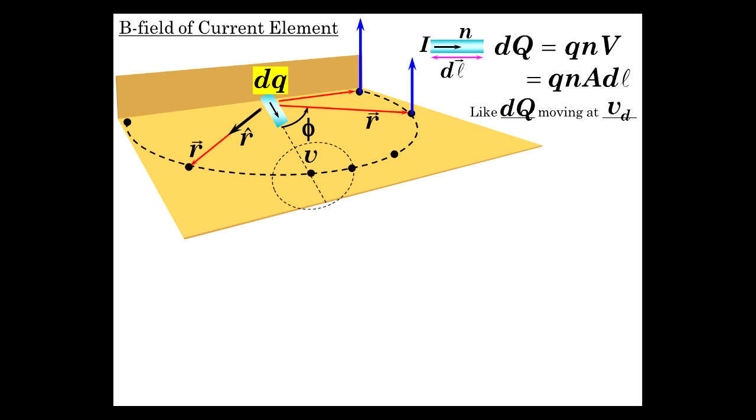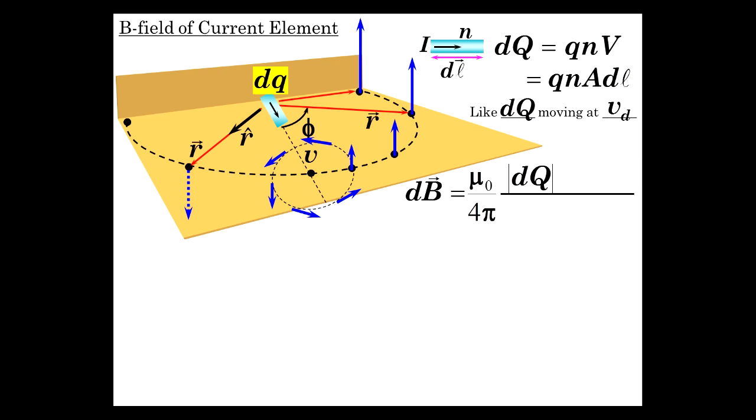All right, now we have the magnetic field produced by this dq, which has the same geometry as it did previously with the single moving charge. Let's compute the differential magnetic field, dB, because we're going to get a dB from dq, yes? So we have mu 0 over 4 pi. Now, instead of q, we have dq.